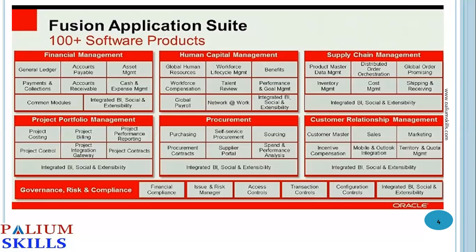And then other modules like benefits, compensation, performance goal management, payroll, all of these build on that core HR solution. And similarly with supply chain or with financial modules and all of those. So they have a core part, and then they have on top of it product extensions, you can say, which gives additional functionality to each of the modules.